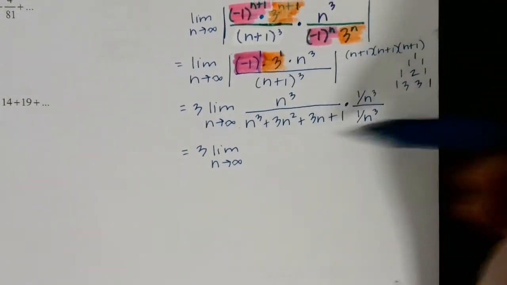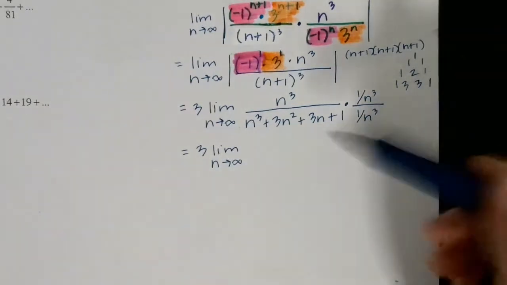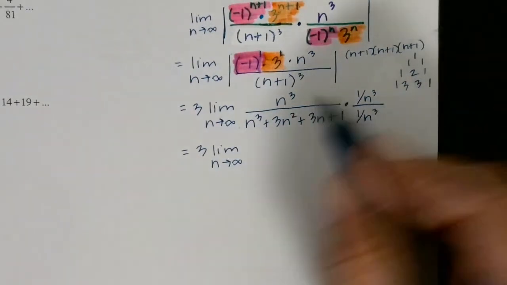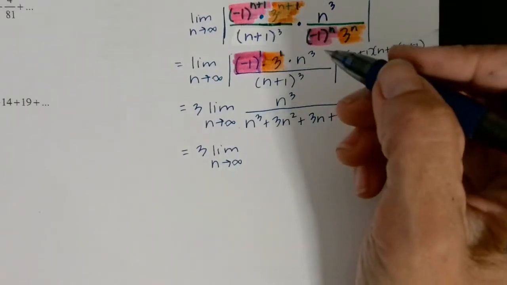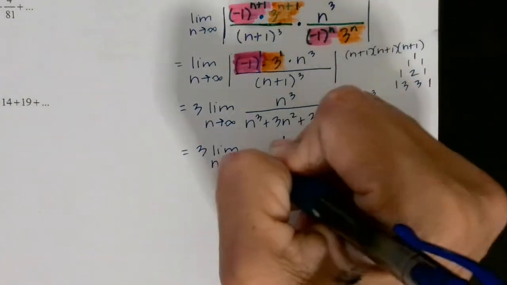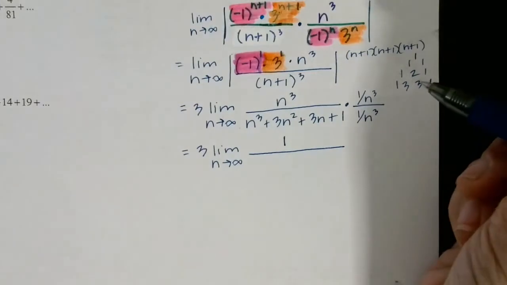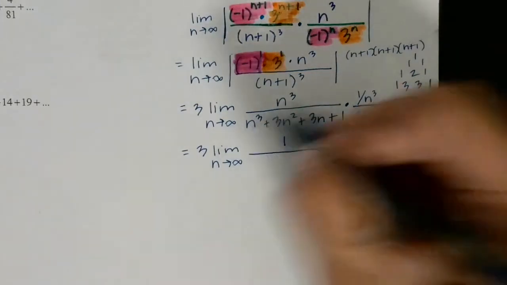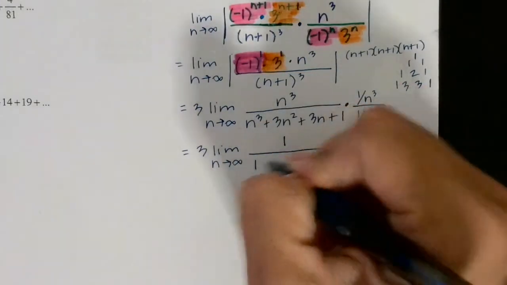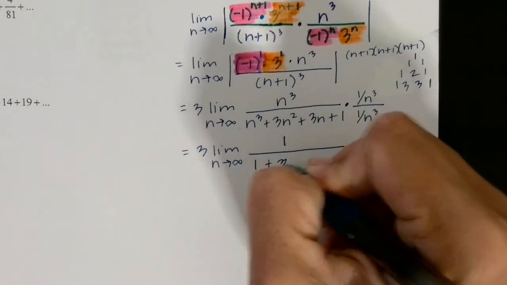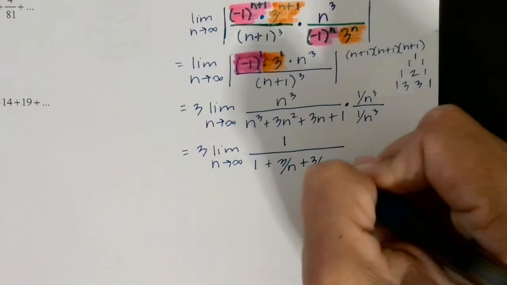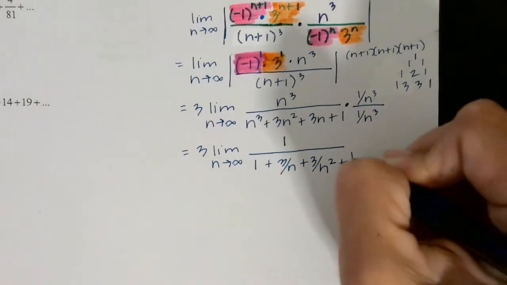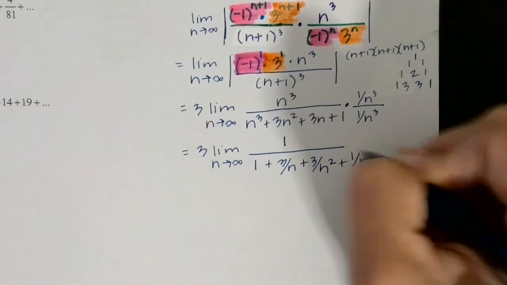If this is confusing for you, then just divide everything by the highest power of n. Here I'm doing n cubed times 1 over n cubed, which is just going to simplify to 1. So I'm cutting out some work. And then again, n cubed divided by n cubed is 1, and that's going to be 3 over n, and that's going to be 3 over n squared, and that's going to be 1 over n cubed.